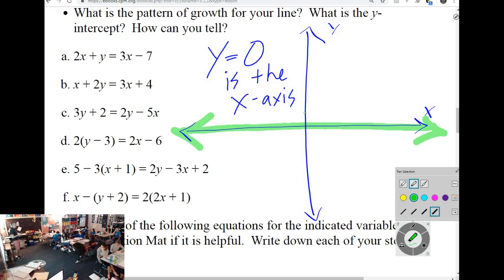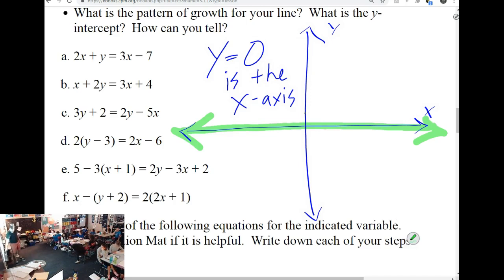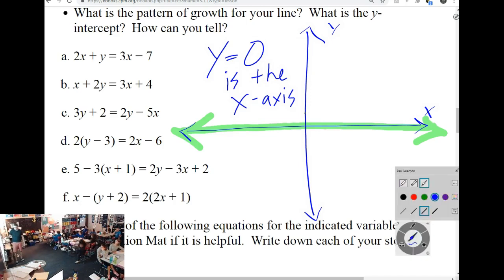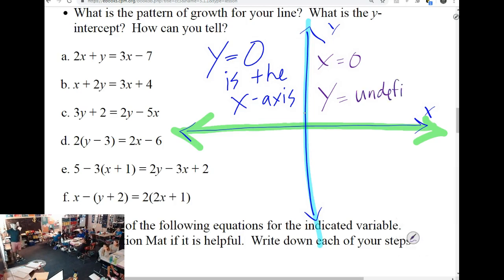Now, we can probably easily infer what's another way that we can talk about the y-axis, Mallory. However, here's the issue. If I try to write a y equals equation for the vertical line, we can't define that slope.